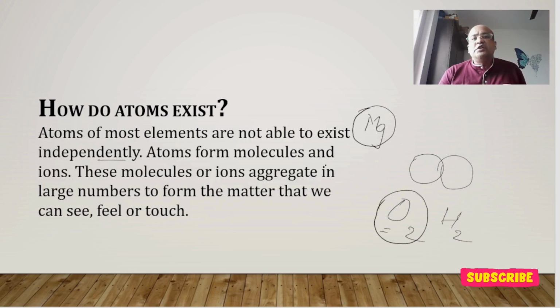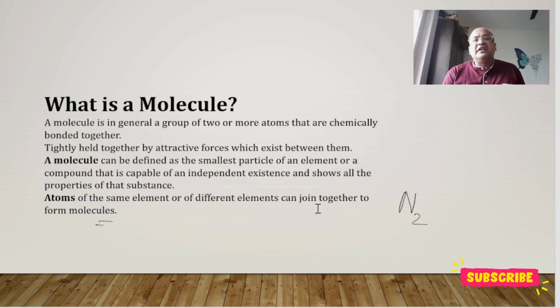Atoms form molecules and ions. These molecules or ions aggregate in large numbers to form matter, so that we can see it, feel it, and touch it.